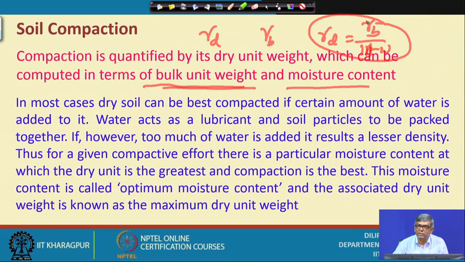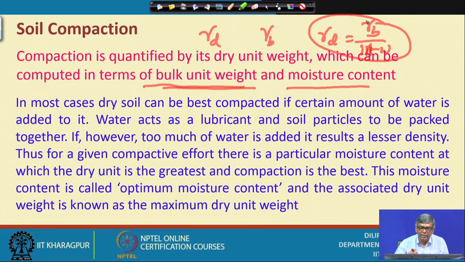So, some amount of water is necessary to make compaction efficient, but if I add excess water, that again will not give good results. After a certain amount of water, it will reach the maximum dry density, but if you add more water, the dry density will fall again.